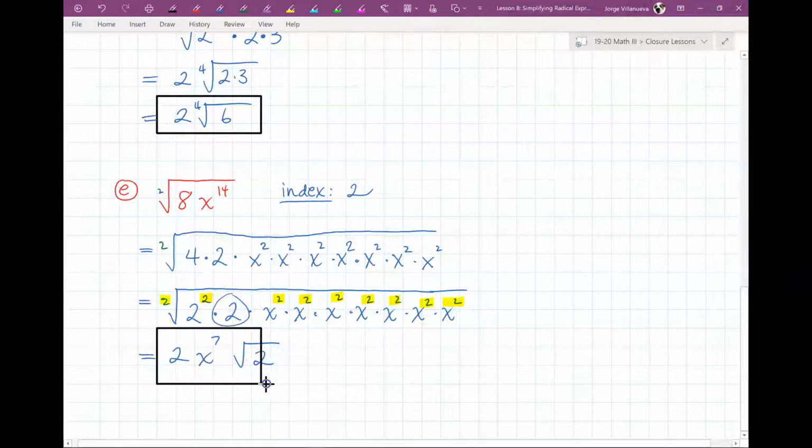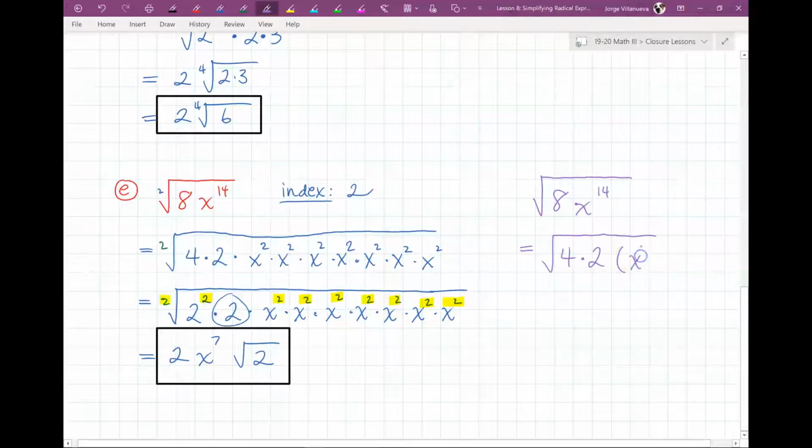Now there is a faster way to do this. Okay? There is a faster way to do it. I'm going to do it in purple over here to the right side. So if you have the square root of 8 times x to the 14th, what I would do is I would still do 4 times 2, but x to the 14th, I would write it as x to the 7th squared.